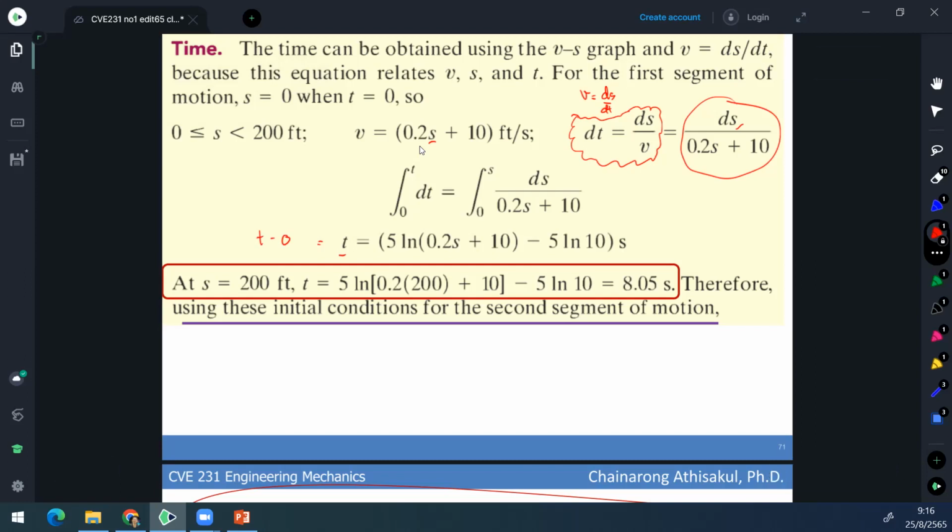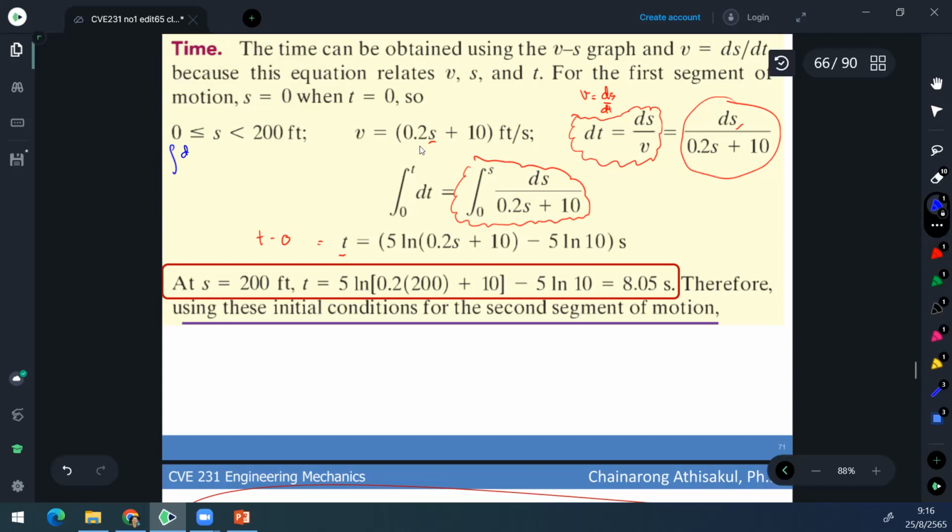And the right hand side is the integral of this term. We have to recall the mathematics, the calculus.